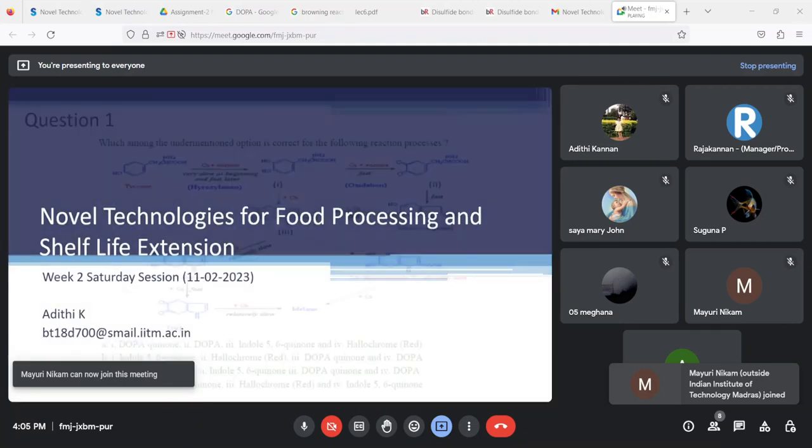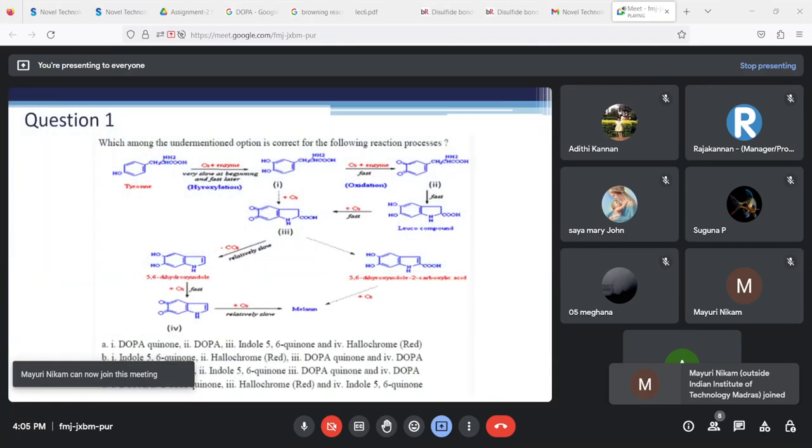So we'll start with the first question. Which among the undermentioned options is correct for the following reaction process? So we have tyrosine as the substrate, and here you can see first it undergoes hydroxylation in the presence of oxygen and enzyme to yield a particular compound. That again undergoes oxidation to yield the second compound.